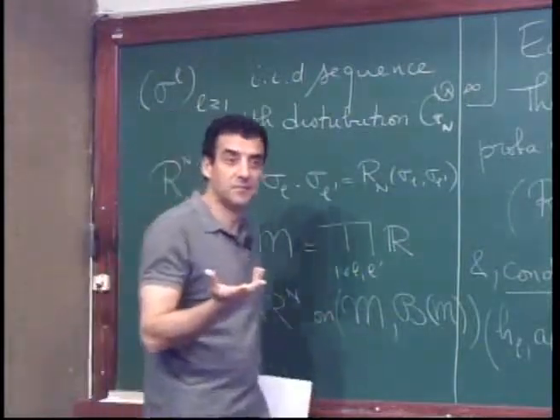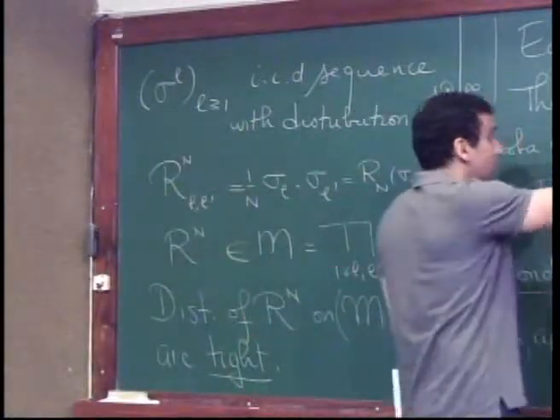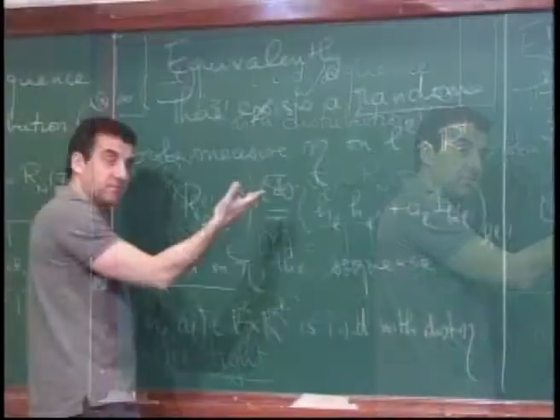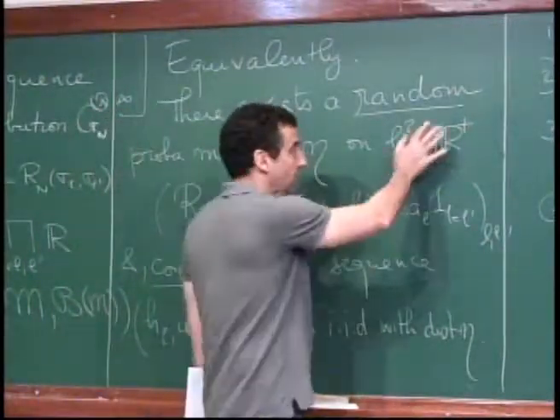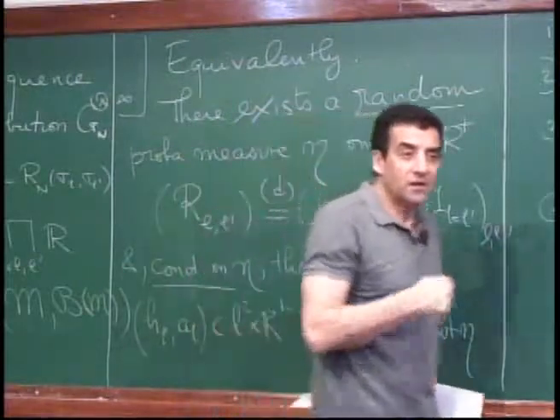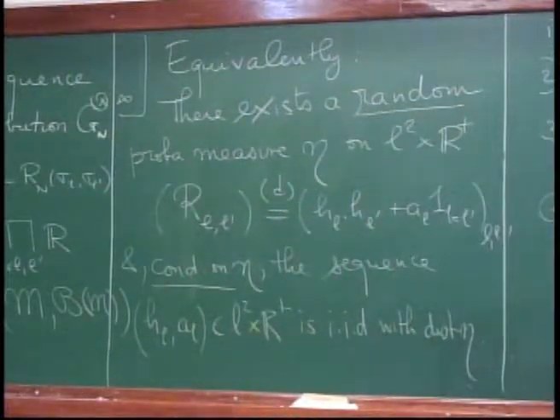So in some sense, the distribution of this random measure here, when you look at it on L2, if you could forget about this part, should be seen as the limit of the random Gibbs measure on the sphere. Right? So that's really the important object that we want to understand.